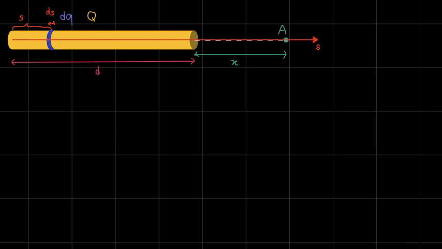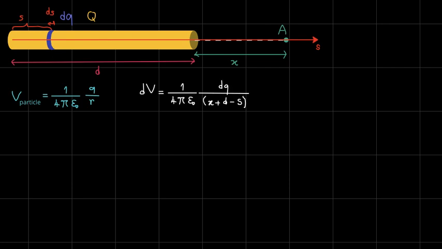like so. Now let's remember the formula for electric potential created by a charged particle at a distance r. Here's the general formula for electric potential created by a particle of charge q at a distance r. Using the formula for the particle, we can come up with an expression for the electric potential created by our unit charge element dq.